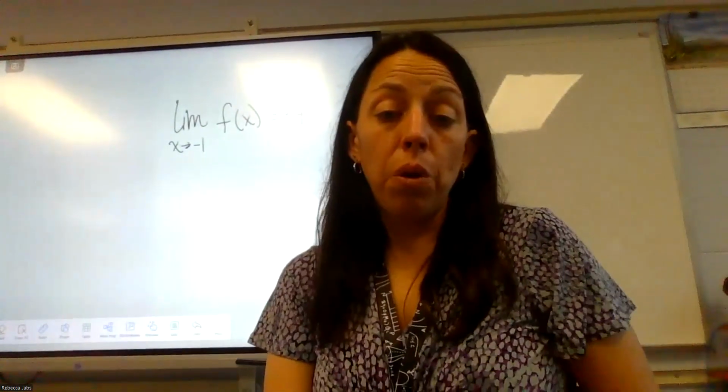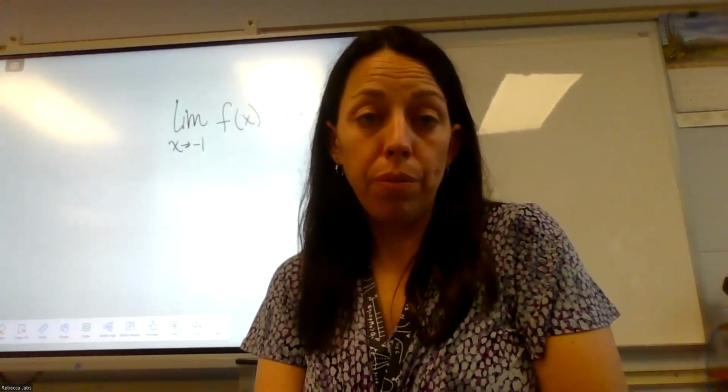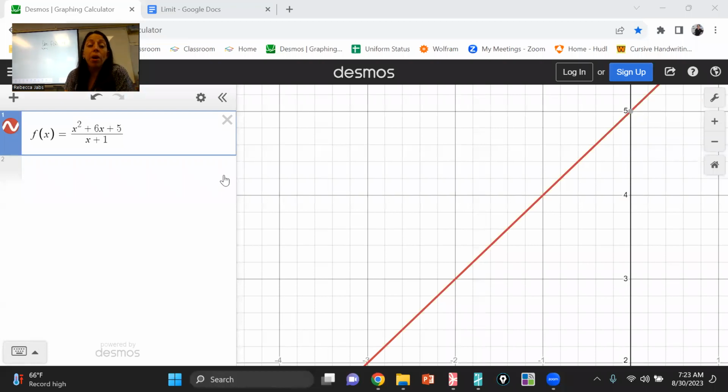So here's the weird thing. When I'm looking at this equation right here, where that f of x is, sometimes we write f of x, sometimes we'll write that function.